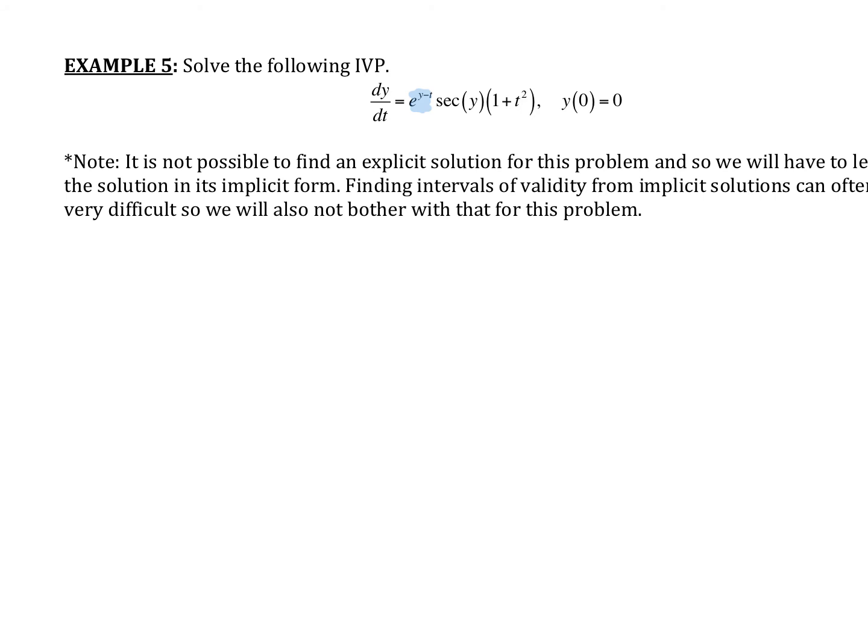Remember in exponents, if we have x to the a times x to the b, it equals x to the a plus b. It works in reverse as well. Meaning, if I have e to the y minus t, I can separate this to be e to the y times e to the negative t.